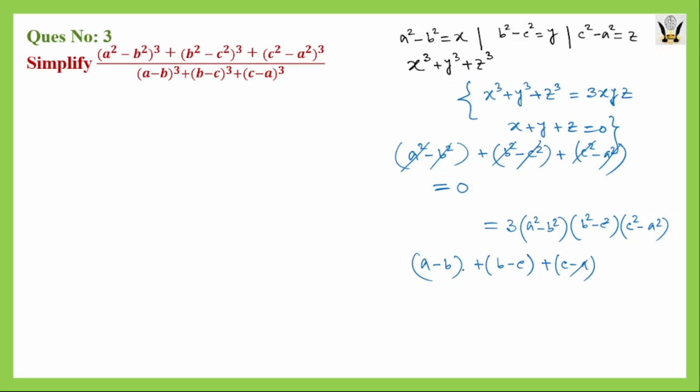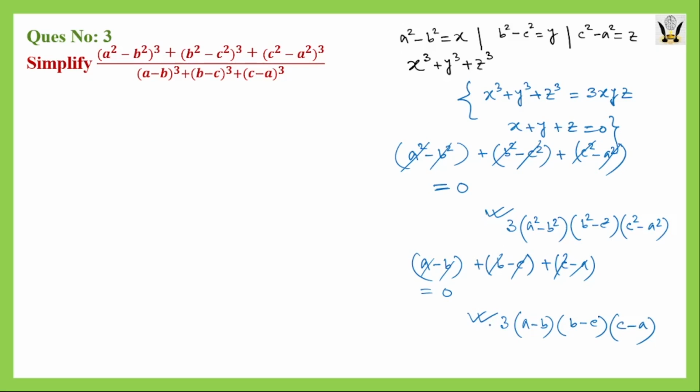So finally again it will be 0, and whatever expression we have in the denominator in the form of x cube plus y cube plus z cube, that value again will be 3xyz. So 3x means a minus b, and then y means b minus c, and z means c minus a.